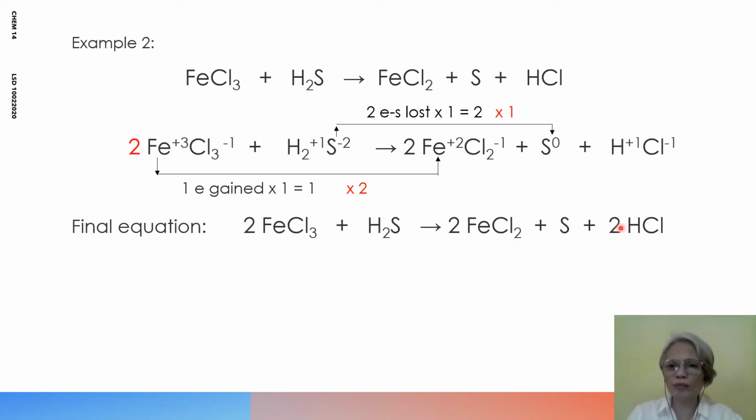So you need to affix 2 here, so that you will have 6 chlorine atoms on the right side of the equation. What about sulfur? You have 1 sulfur, you have 1 sulfur here. Hydrogen, you have 2 times 1, so you have 2, and then you have 2 times 1, you have 2. And therefore, everything has been balanced.